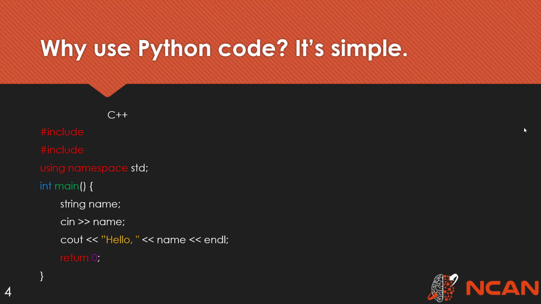You might wonder why I use Python code, and really it's a simple answer. Here in C++ you'll see an implementation of a simple input and then an output of text. A lot of this stuff to someone who isn't a programmer can be intimidating.